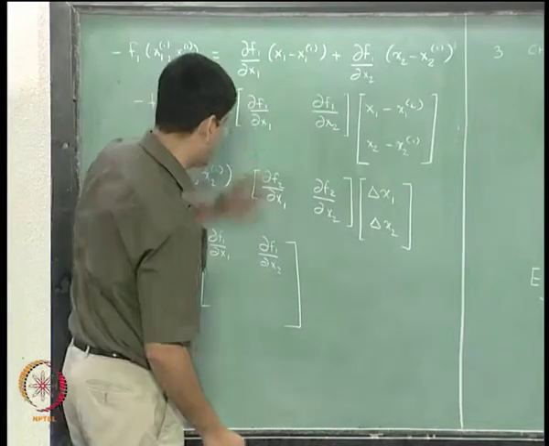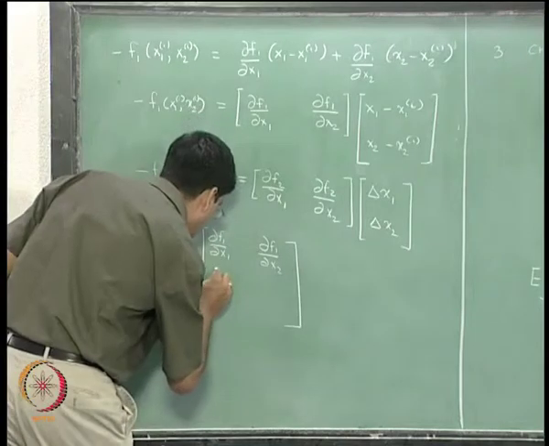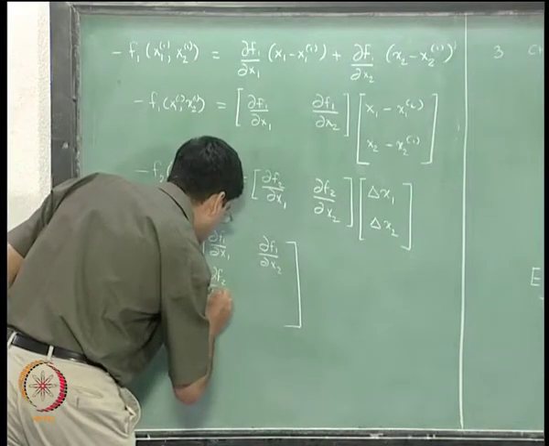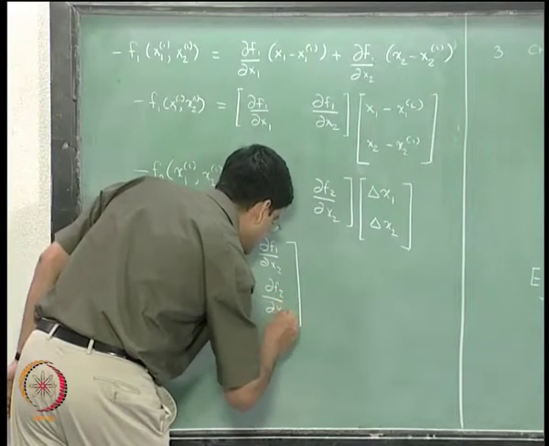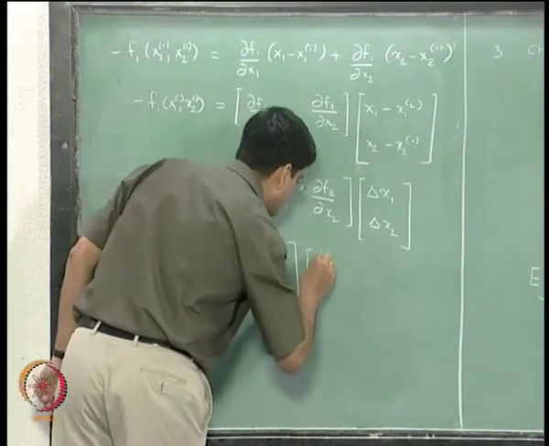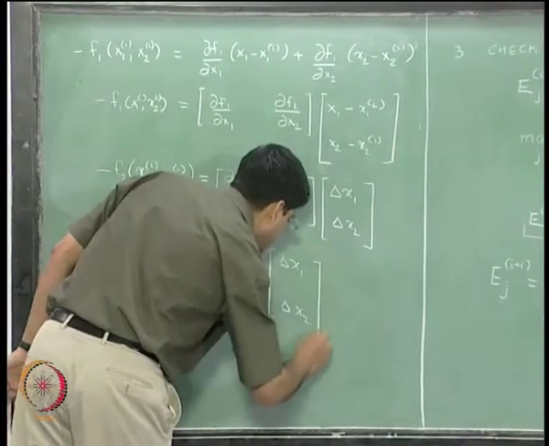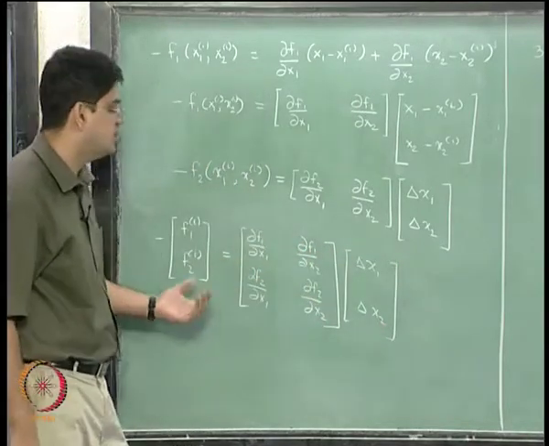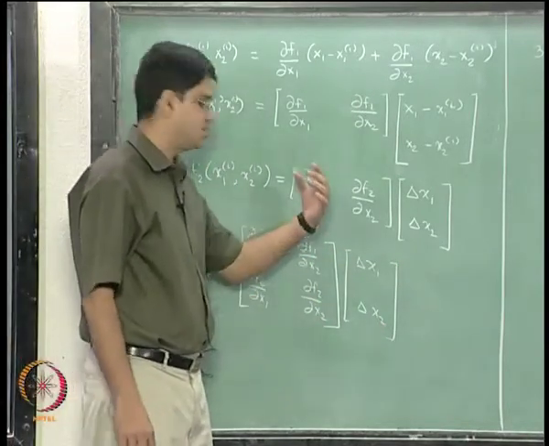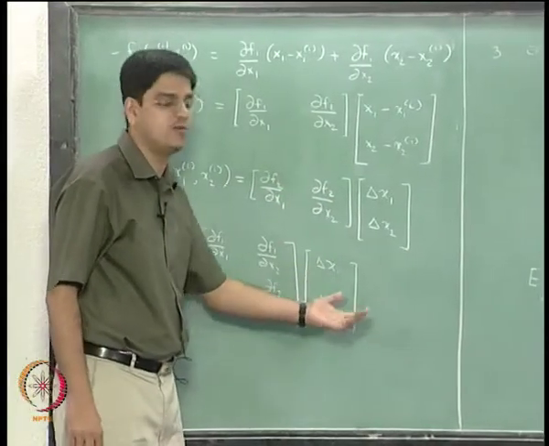Okay, these two will be on the first row, and on the second row we will have partial f2 by partial x1 and partial f2 by partial x2 multiplied by delta x1 and delta x2. The values of delta x1 and delta x2 that solve this linear equation are nothing but the difference between the I plus 1th value of x and the ith value of x.